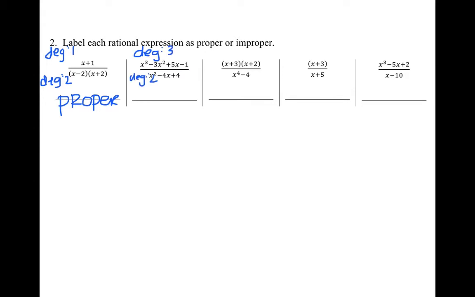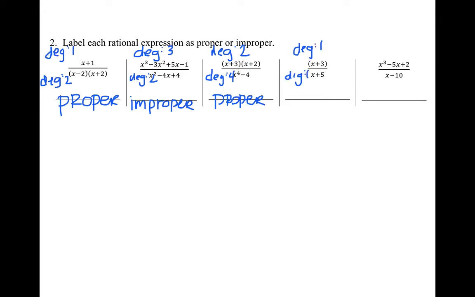For the second one, the degree of the top is a 3. On bottom is a 2. So the top is bigger than the bottom, so I'm going to say this is improper. For the third one, the degree of the top is a 2. On bottom is a 4. So it's proper. The degree of the top is a 1.